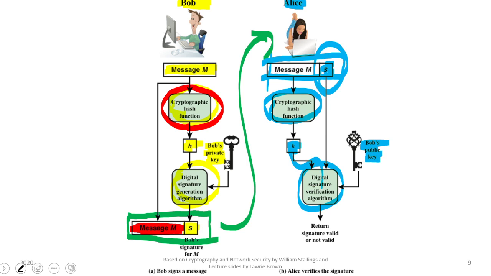So essentially, with the use of this public key and private key, but used in the reverse order, that is, the sender is using the private key to create the signature, the receiver is using the public key to do the verification.